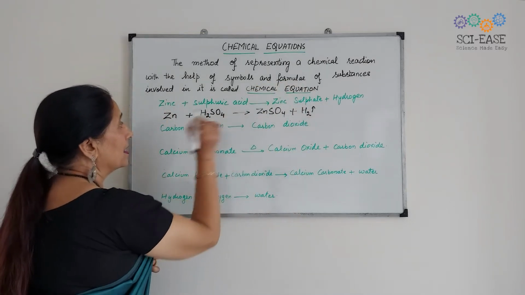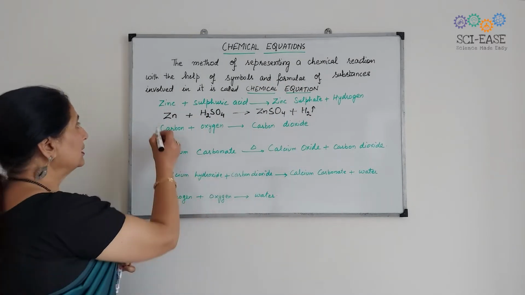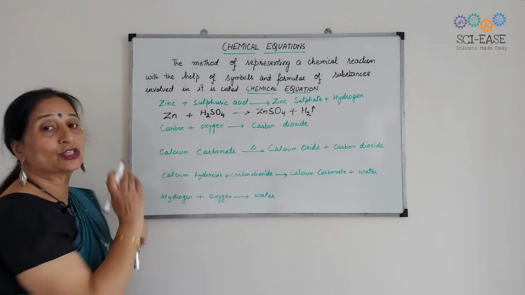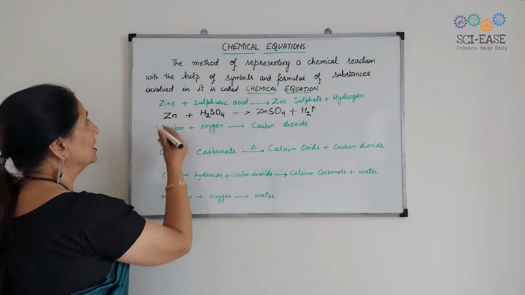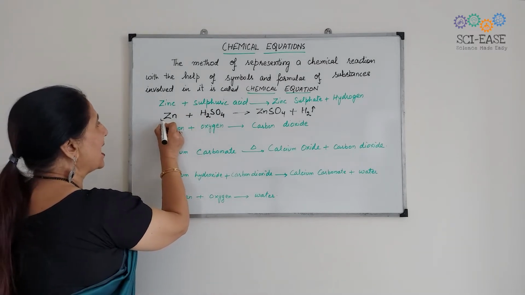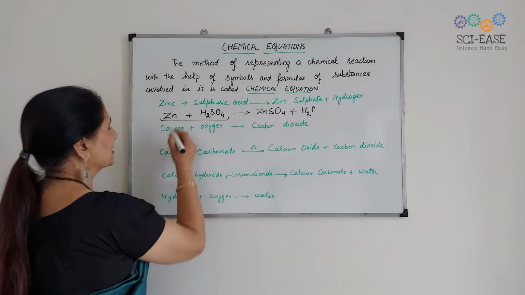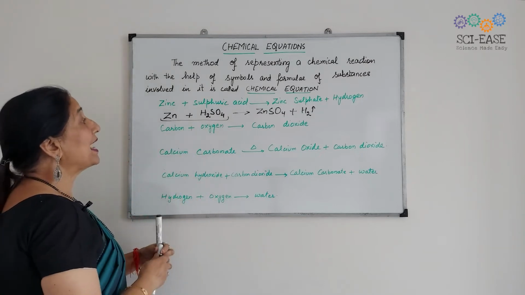Okay. Now, you know that the substances which are placed on the left hand side of the chemical reaction are known as reactants.